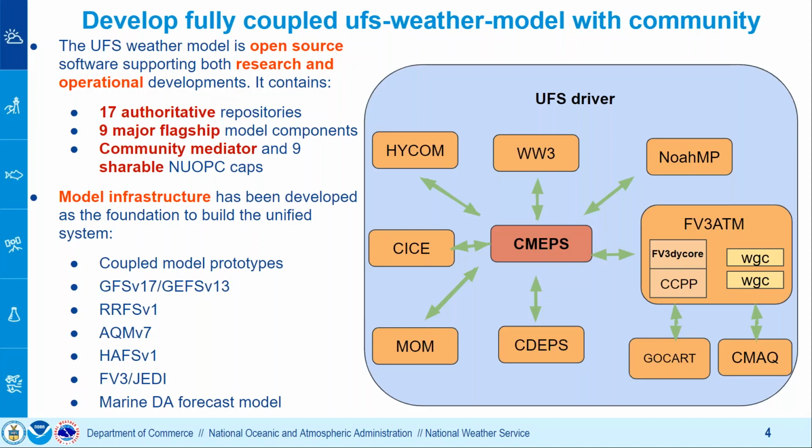This model was designed and developed to serve as a foundation to build a unified system. The applications I listed here include the coupled model prototypes and operational pre-implementations, including GFS version 17, GEFS version 13, regional model RRFS version 1, air quality model version 7, hurricane model HAFS version 1, and also we're exploring the FV3 JEDI connections, and also supporting the marine DA forecast system.